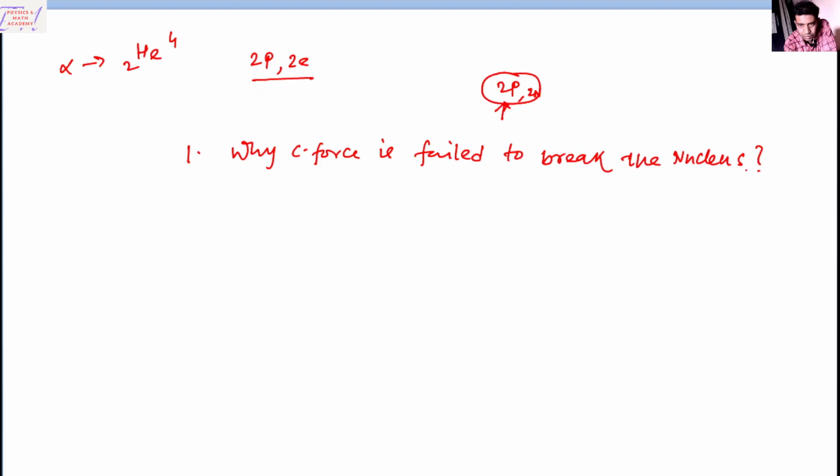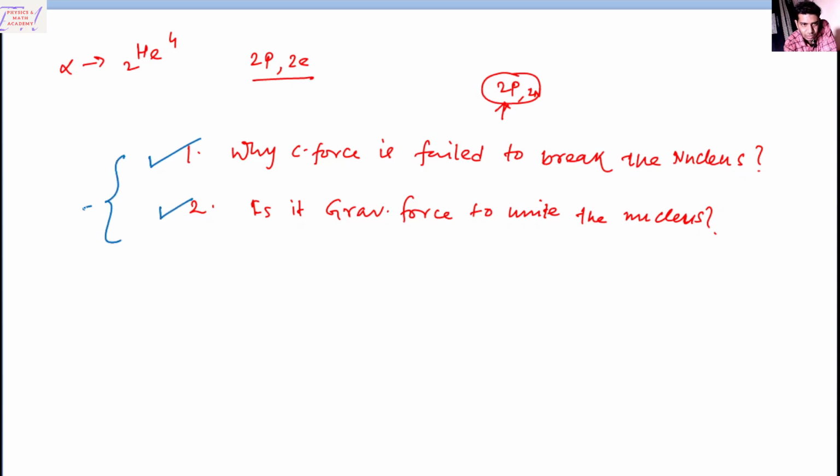And the other question: is it gravitational force that unites the nucleus? If you want to answer this, you can't say it properly.